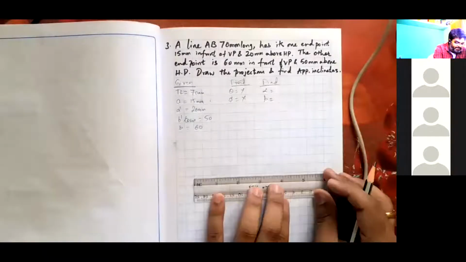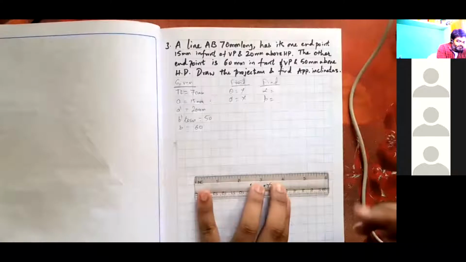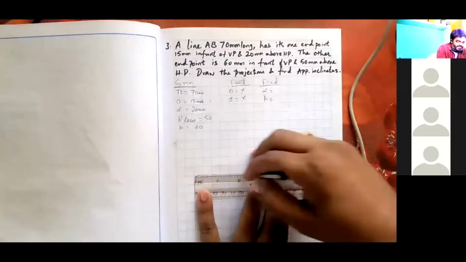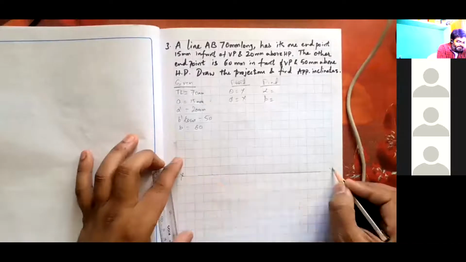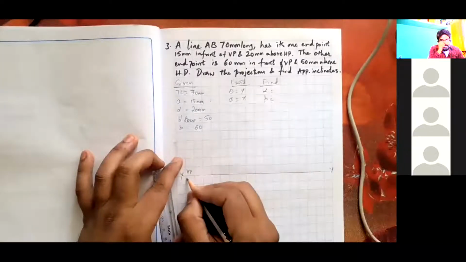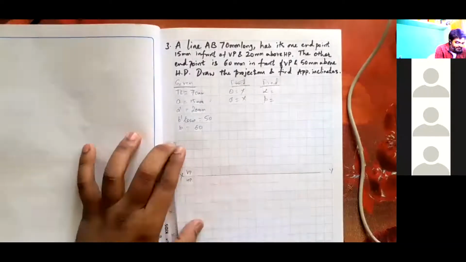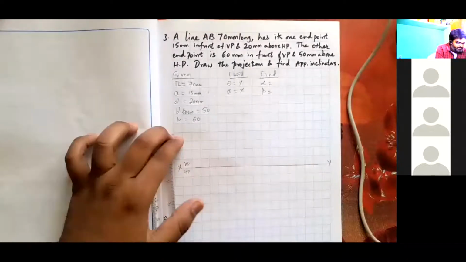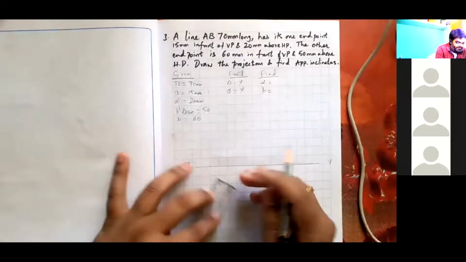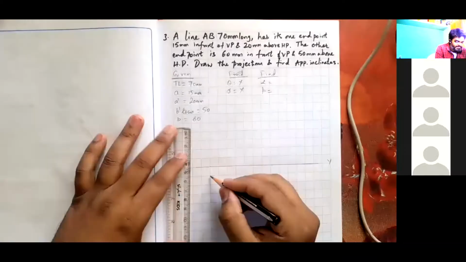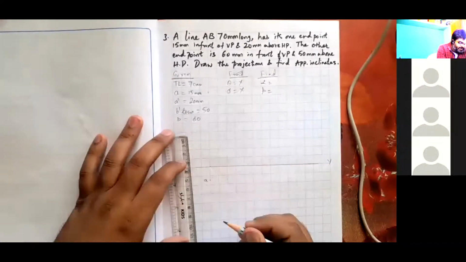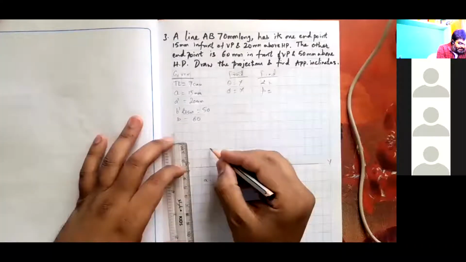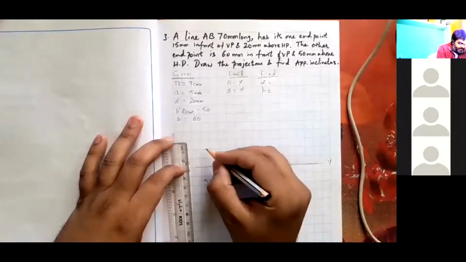I'll draw an XY line, a thin line, and represent X and Y, VP and HP as a very first step. A is at 15 mm, so here 10, 20, so 15. So this is A, I'm mentioning A here. And A dash is 20 mm, so somewhere here. Don't put a dot, just identify the location, that is more than enough.